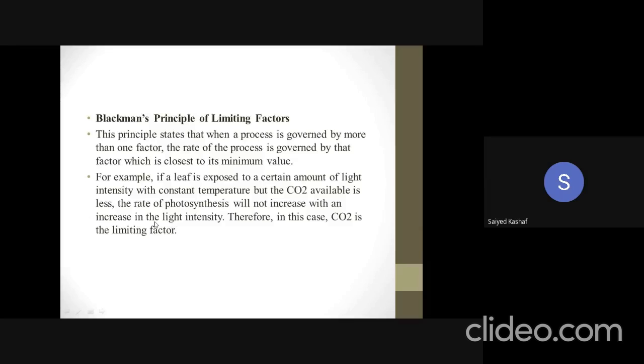And it won't be favored by the light intensity or anything else, because CO2 is a must. So therefore in this case, CO2 is the limiting factor.